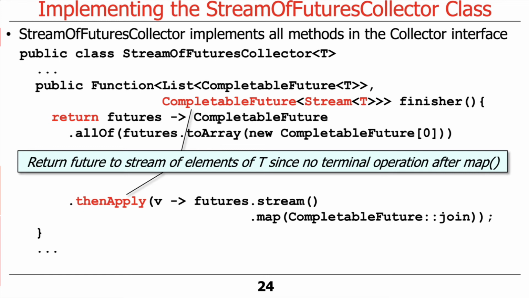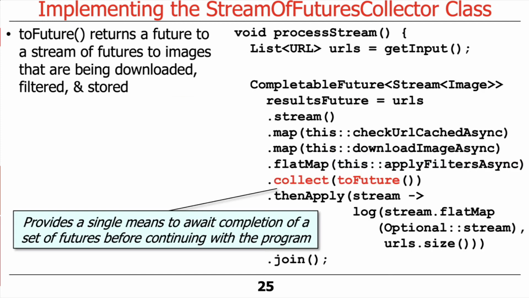So just a couple things to remember here. We're using sequential streams here because parallel streams are overkill. We are using this finisher in order to be able to basically have a way to wait for all the asynchronous operations to be done and then convert the result into a completable future to a stream of T. And you can see here, that's exactly what happens.